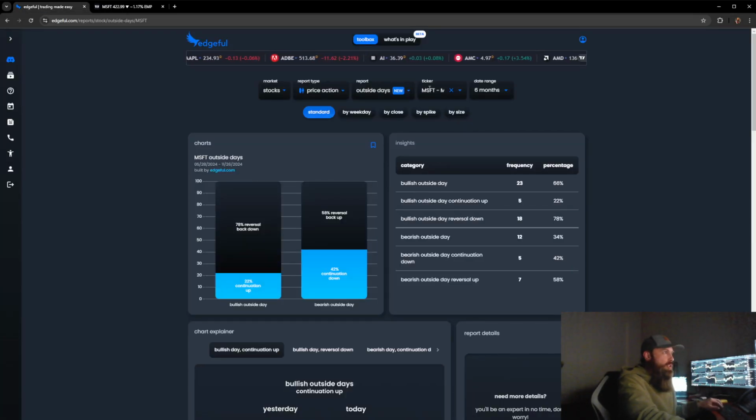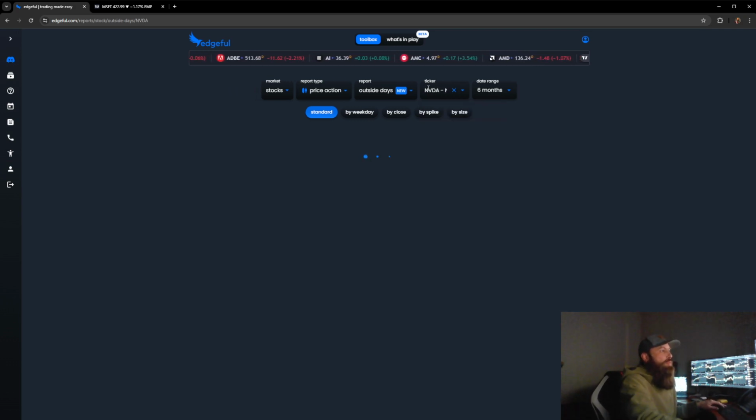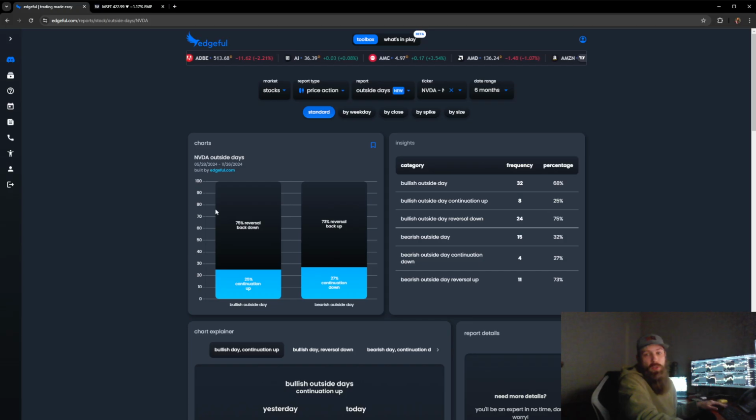What other ticker? NVIDIA is popular, right? Let's see. Wow. So on those other examples we just looked at, the bearish outside day didn't really have any confluence to it. Look at NVIDIA here. NVIDIA is basically the same.